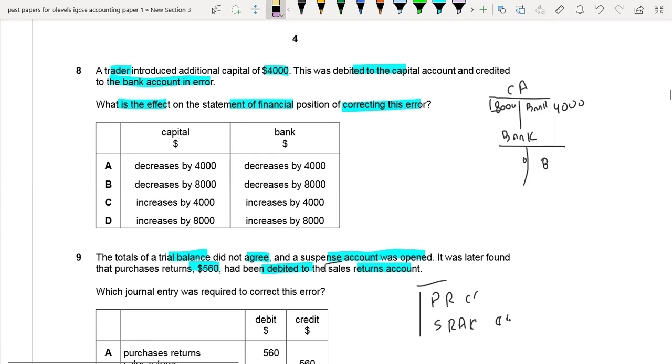We recorded it mistakenly on the credit side, but now we make the entry on the debit side. Previously it was a credit of 4,000, and now we make the entry with 8,000, double the amount. So it means your capital would increase by 8,000 and your bank would increase by 8,000. So the D option is the right option.